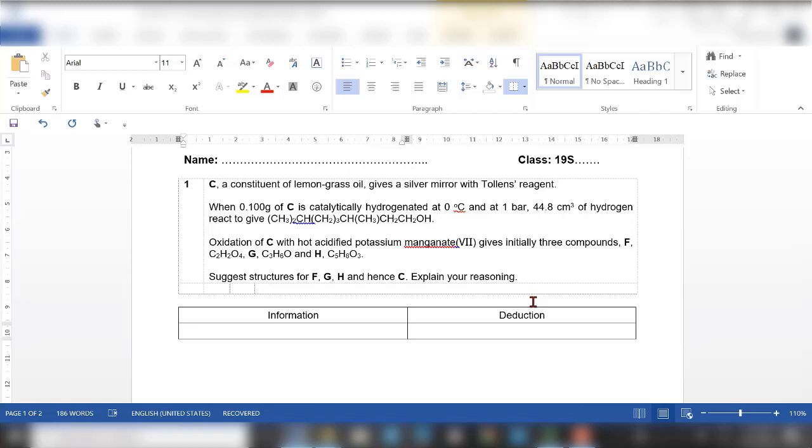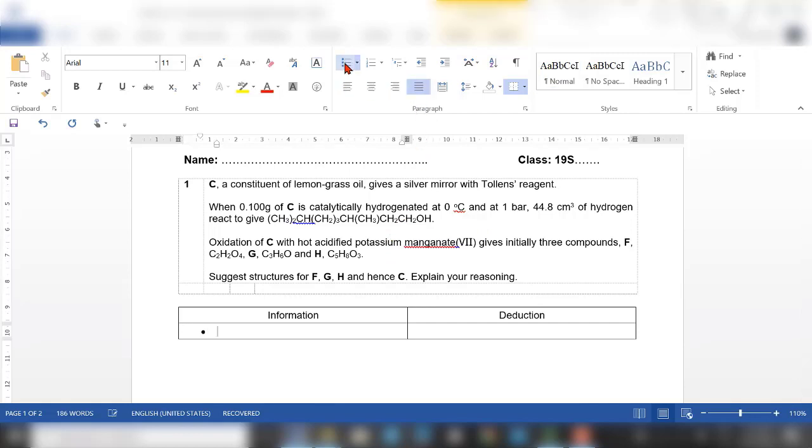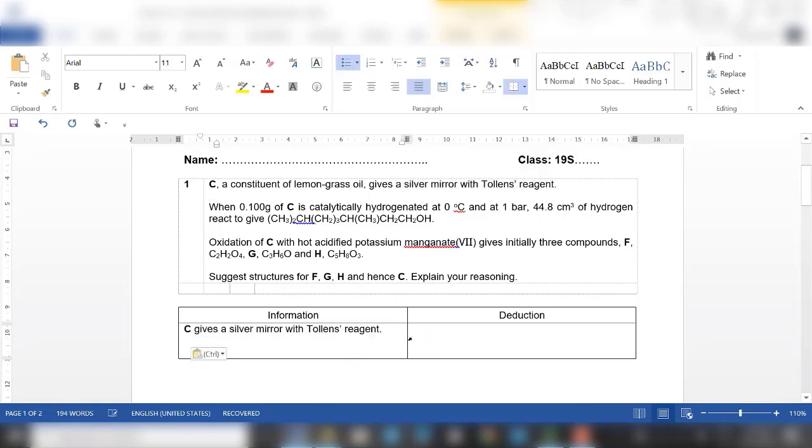And another thing regarding how you write your information and deduction: the information is essentially just stuff you can get from the passage. So I'll just use the first one as an illustration. For example, it was mentioned that C gives silver mirror with Tollens' reagent, right?